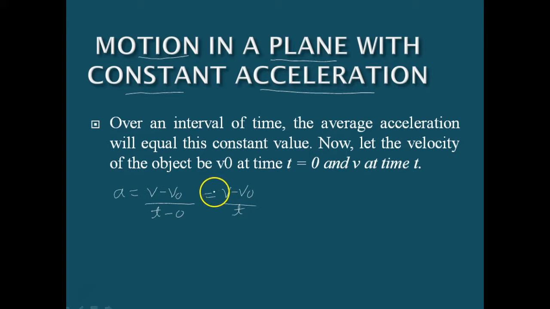In terms of components, we can write Vx as V0x plus Ax into t, and Vy as V0y plus Ay into t.